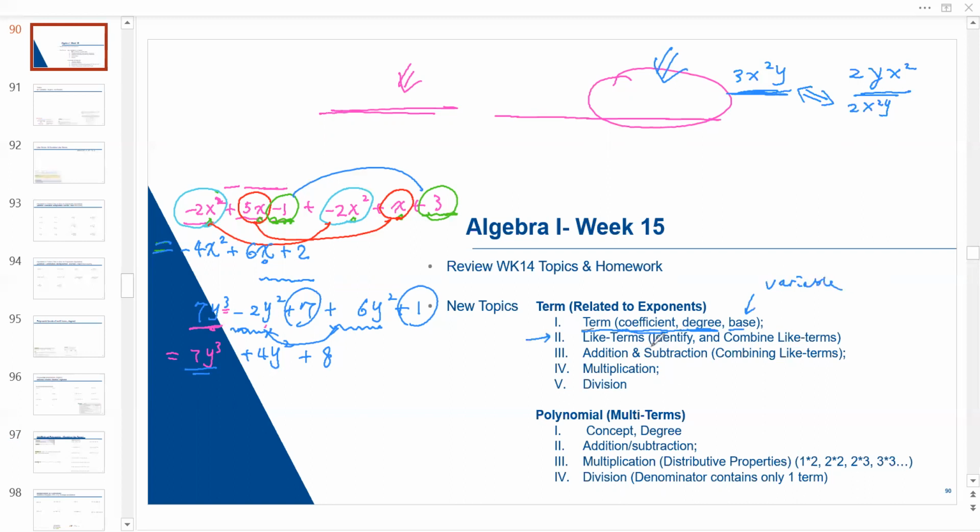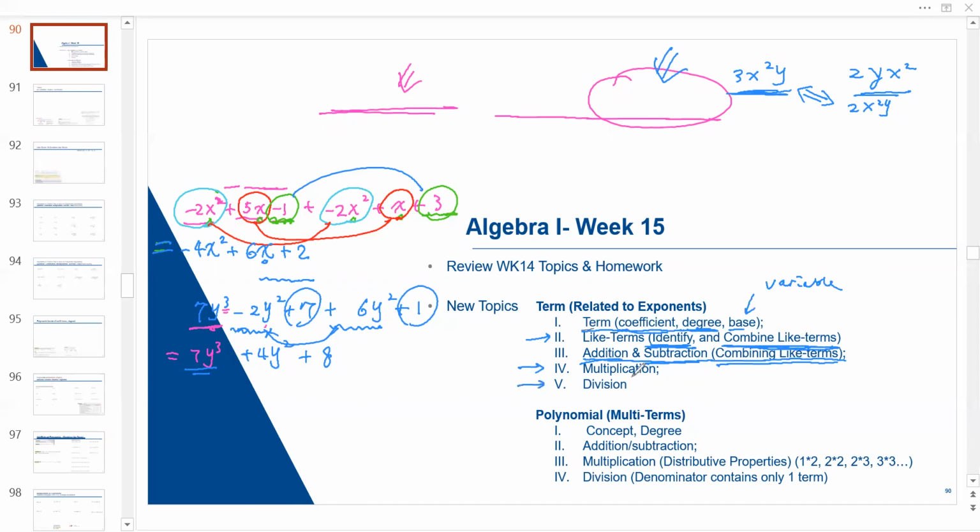How to identify whether two terms are like terms or not. If there are two like terms, how to combine them? Combining only does the coefficient part, right? The calculation. The rest you don't change. Actually it is addition and subtraction. So combining like terms is addition and subtraction. Only do the coefficient part.